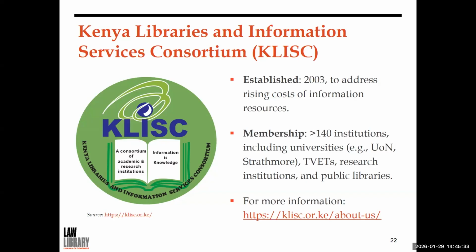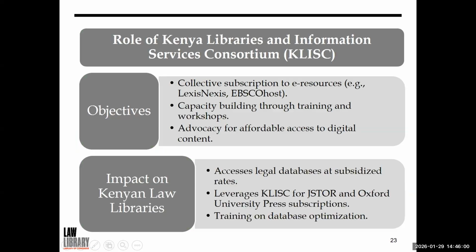We have University of Nairobi, Strathmore, Daystar. There are so many member universities. They even invite publishers to tell us what they have, the information that they can provide, and also at subsidized rates. For more information, there's a link there for the URL for KLISC.